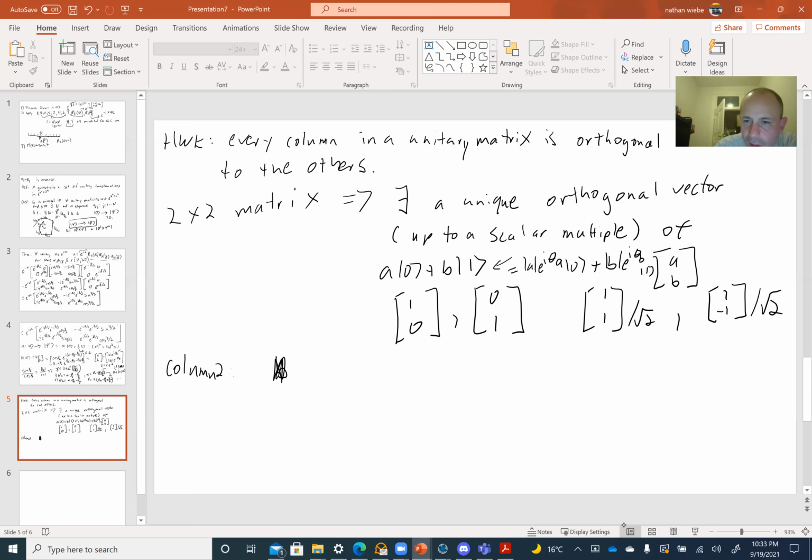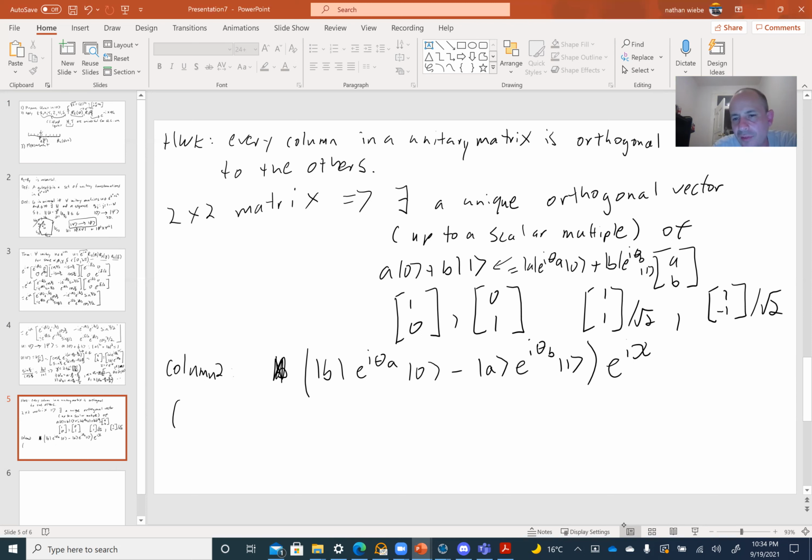Given that, the second column can always be written in the form absolute value of B e to the i theta A 0 minus the absolute value of A e to the i theta B 1. And let's put in an additional multiplicative factor, e to the i chi, over here.